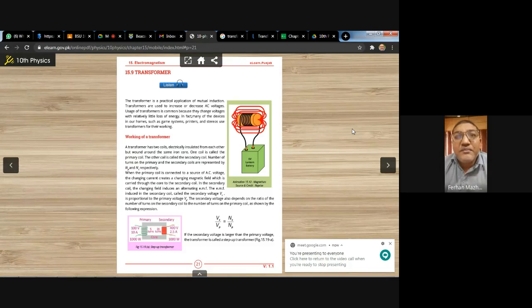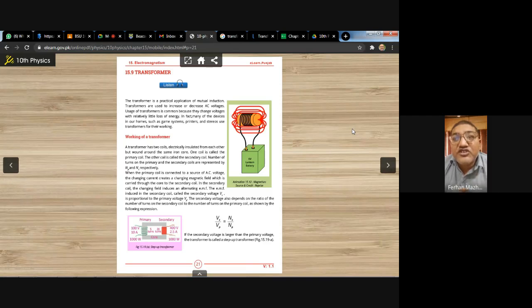In fact, many of the devices in our homes, such as game systems, printers, and stereos, use transformers for their working. A transformer has two coils electrically insulated from each other. Don't forget this sentence, okay? A transformer has two coils electrically insulated from each other but wound around the same iron core.